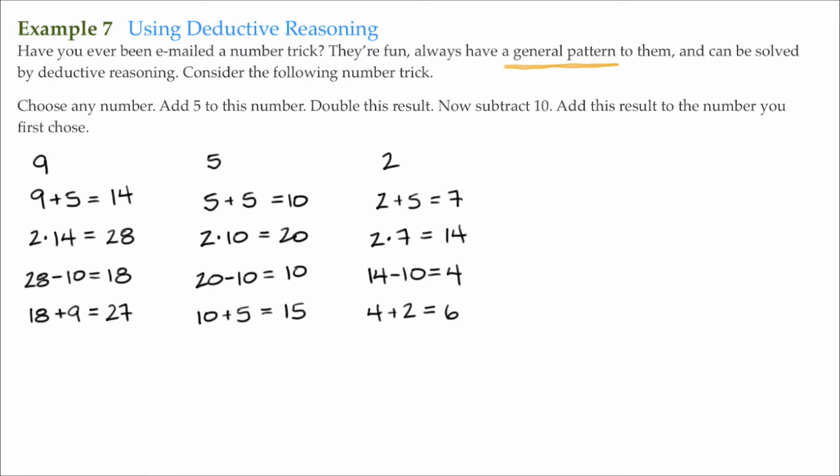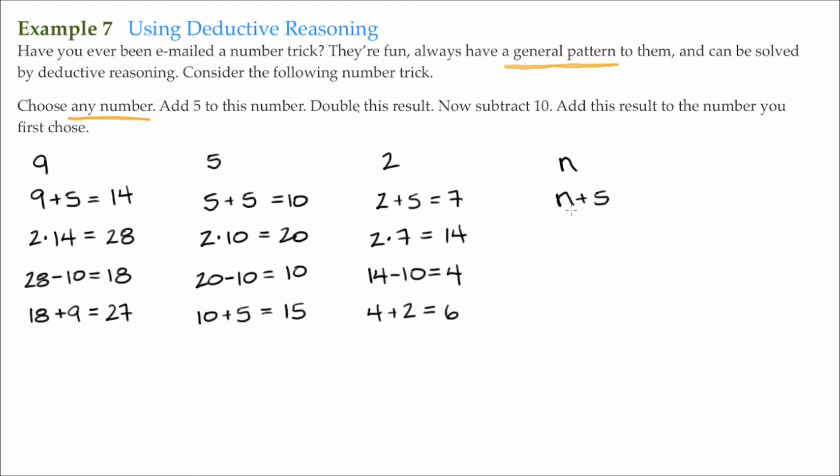So for a general pattern, it says to choose any number. The number could be very large, 2,357, or it could be a negative number, but it can be any number. One way to represent any number is to use a variable. So we can use any variable. How about if we use the variable n for number? So if we choose any number n, add 5 to this number, that would be n plus 5.